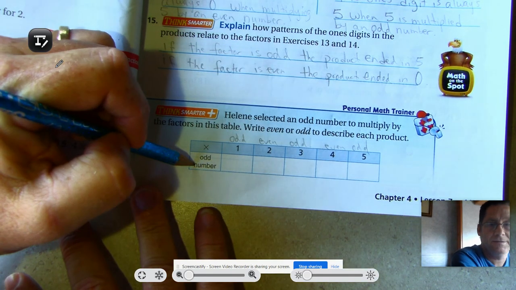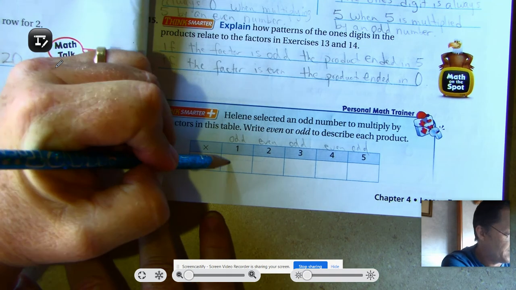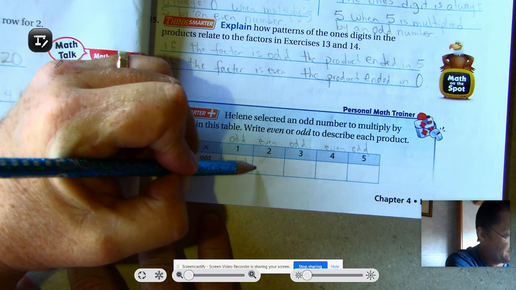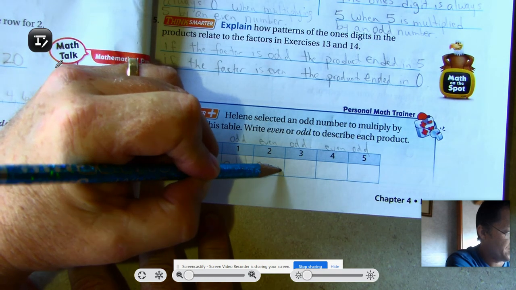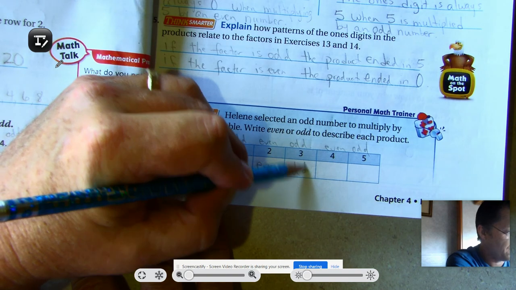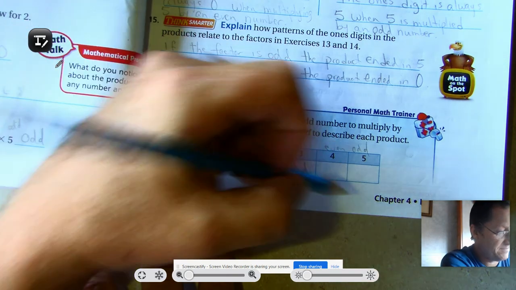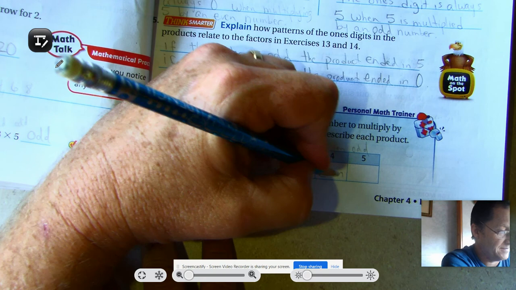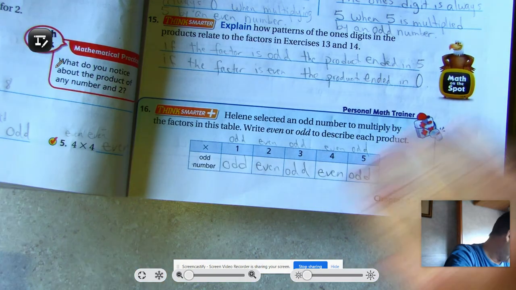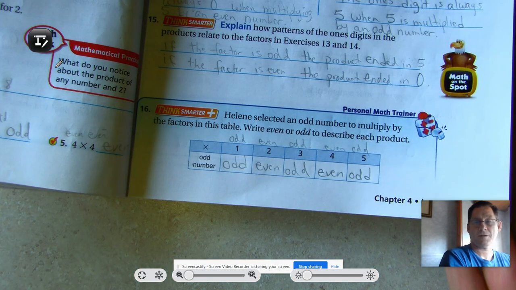An odd number times an odd number will give me an odd product. Odd times even will give me even. Odd times odd, odd. Odd times even, even. Odd times odd will give me an odd answer. Okay.